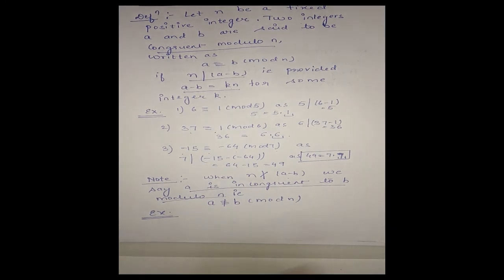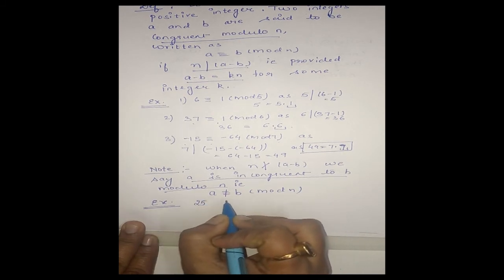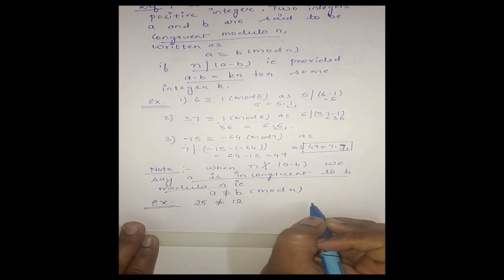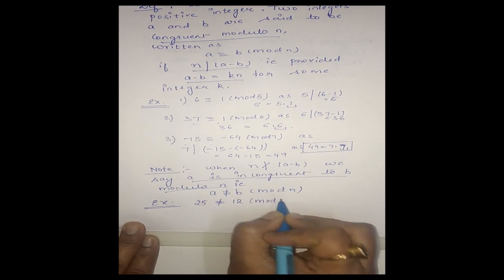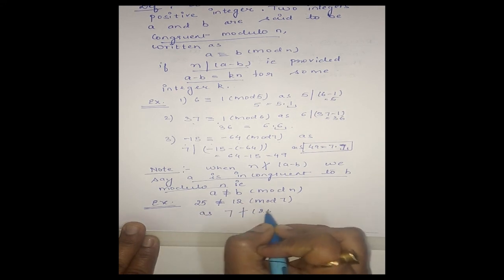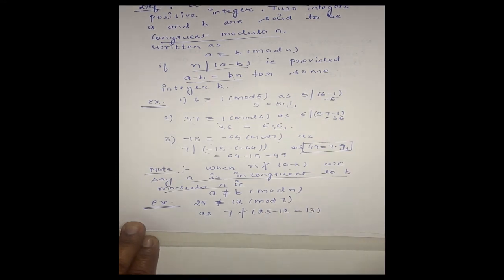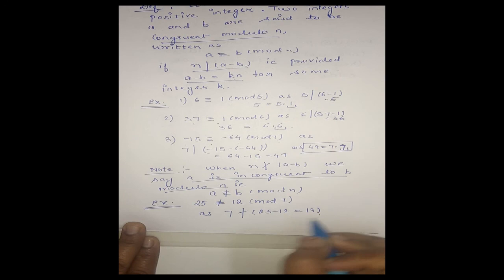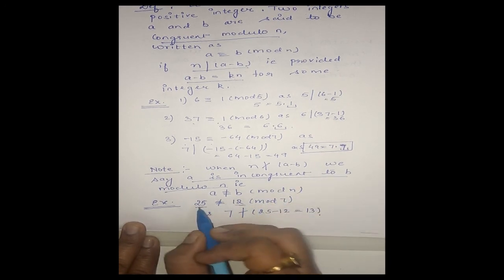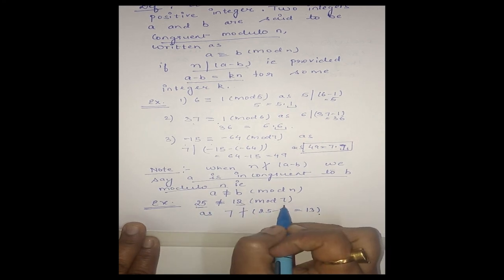For example, if I consider the integers 25 and 12, 25 is incongruent to 12 modulo 7 as 7 does not divide the difference 25 minus 12, that is 13. And clearly we know 7 does not divide 13. That means these two integers 25 and 12 are incongruent modulo 7. Clear?